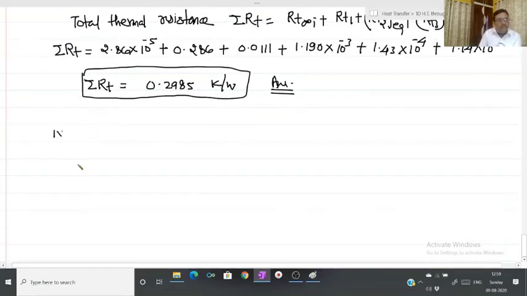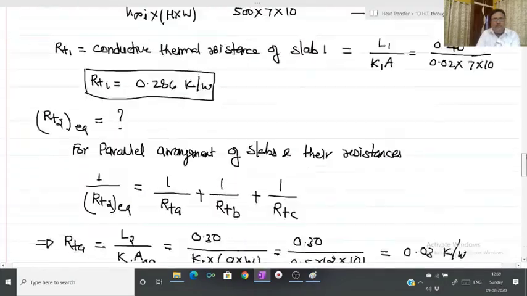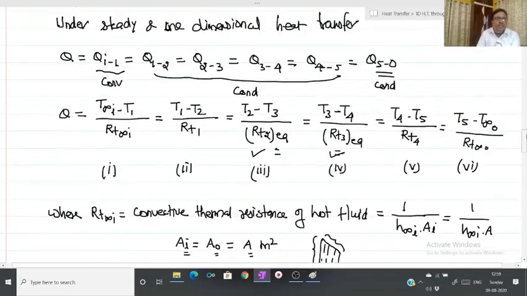Then point number 4 is rate of heat transfer Q. Now how to calculate rate of heat transfer? Here a little bit of discussion is required. Initially I could express heat transfer rate in terms of rate of heat transfer from hot fluid, slab 1, slab 2, slab 3, slab 4 and cold fluid.